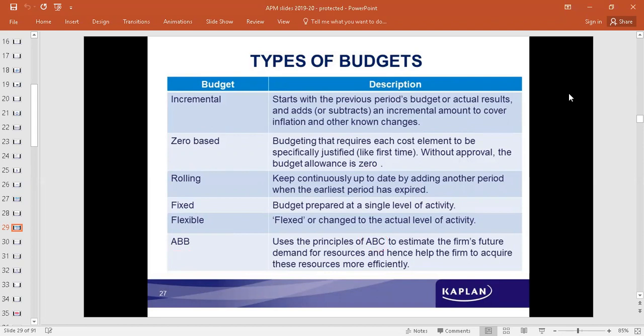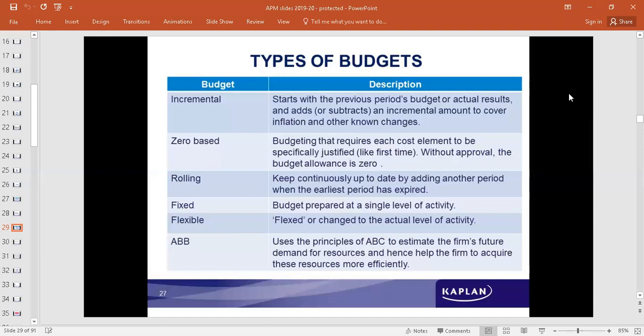How would they be tested in the exam? Budgeting is not a new topic which the students learn. Someone who gets enrolled into the ACCA program, at the basic level papers, MA is there, management accounting. In management accounting itself the students learn about budgeting and are also tested about the different types of budgets.